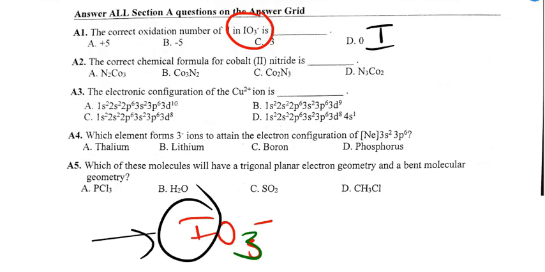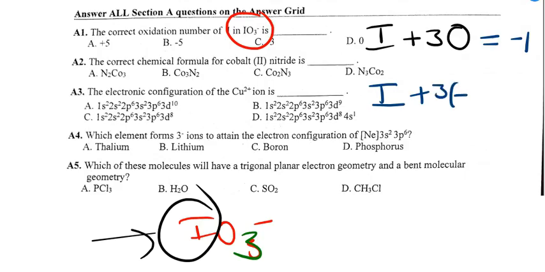You can use any letter of your choice. I'll use iodine, I itself. And then we've got 3 oxygen atoms. Now the oxidation numbers of these should add up to the overall, which is -1 for the compound. Iodine is what we're trying to calculate, and for oxygen, I said the standard is -2. It's in group 6.